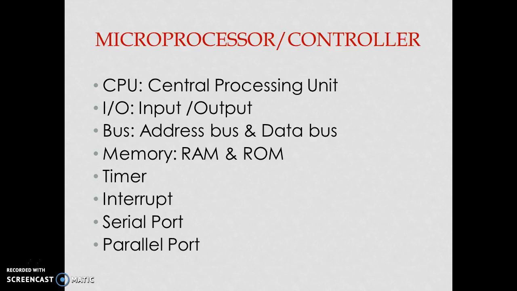Whenever there is a microprocessor or microcontroller, it has an address bus and a data bus. The data bus contains the data, and the address bus addresses the particular data. The data is stored in the memory. Memory may be RAM or ROM: random access memory or read-only memory.